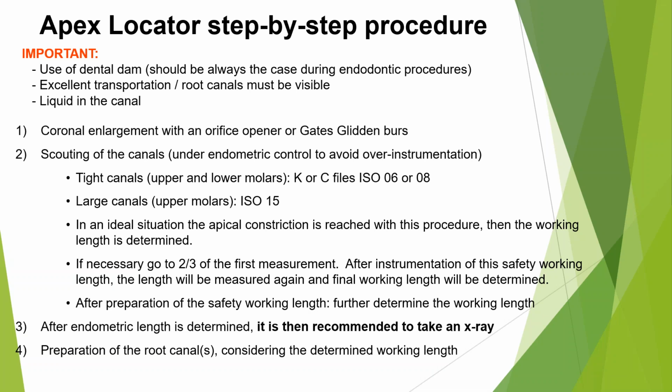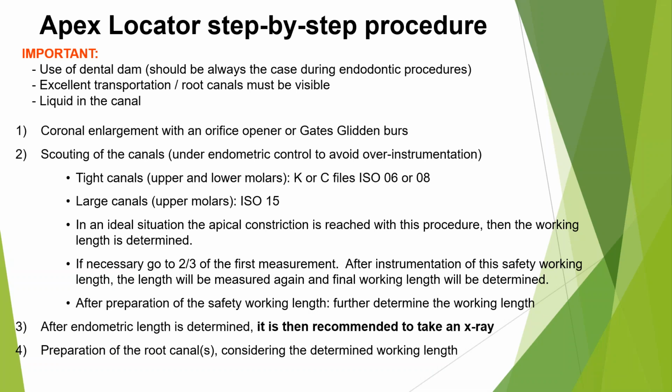Coronal enlargement with the orifice opener or the Gates-Glidden burrs. We would prefer the orifice opener because that's what we sell, but again, it is doctor's preference on that. Scouting of the canals with the K-files, as we just went over. And then also I would say another important part with the Gates-Glidden would be what Jeff and Melissa went over, which would be your access.